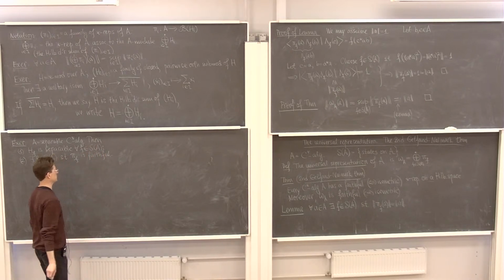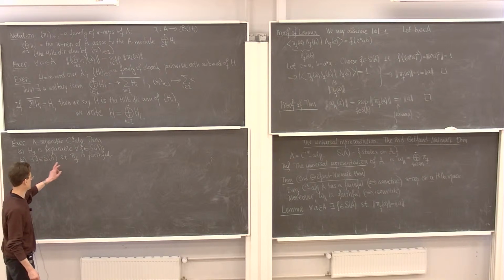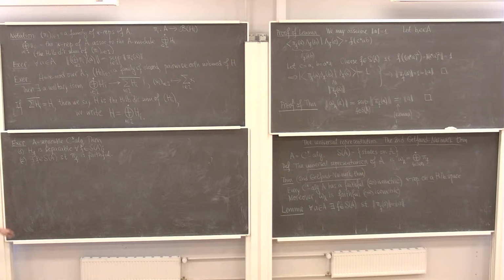In other words, to get a faithful representation of a separable C-star algebra, there is no need to take the sum of all GNS representations. It's enough to take only one of them for a suitable f, and it will be faithful. So, as a result, a separable C-star algebra can be faithfully represented on a separable Hilbert space.